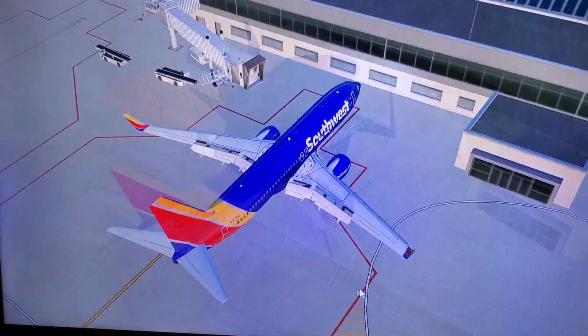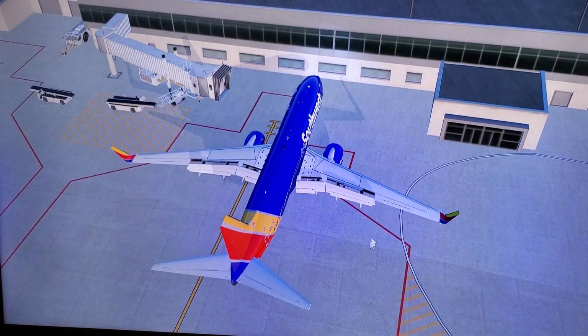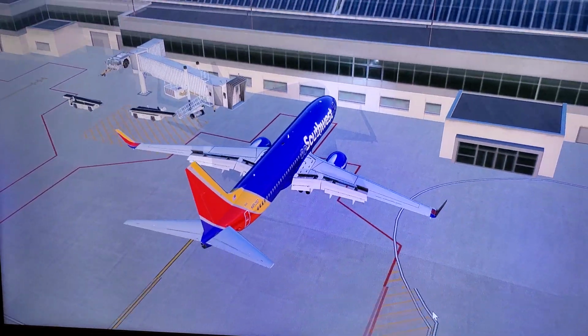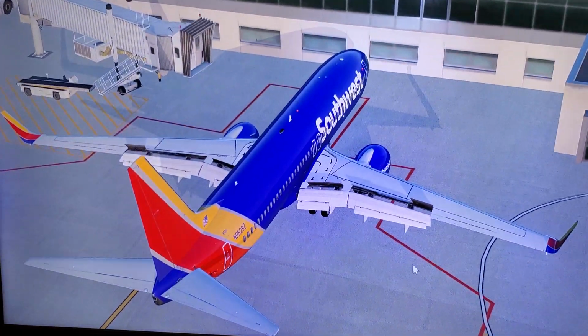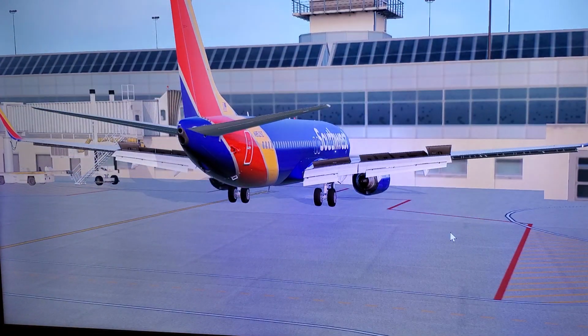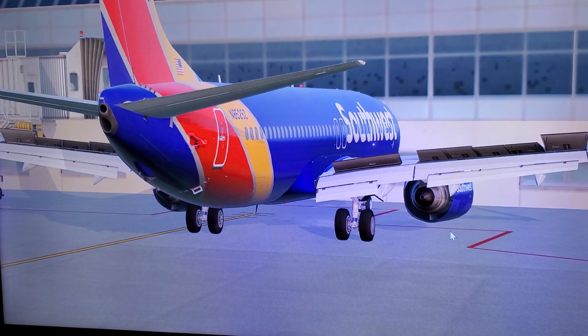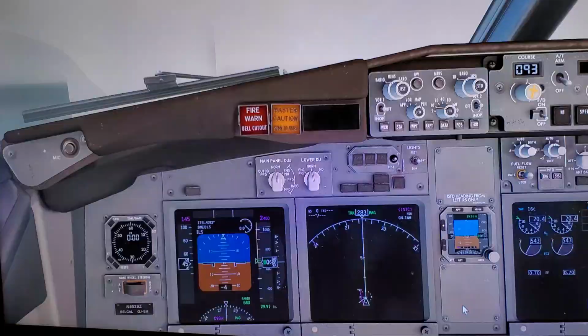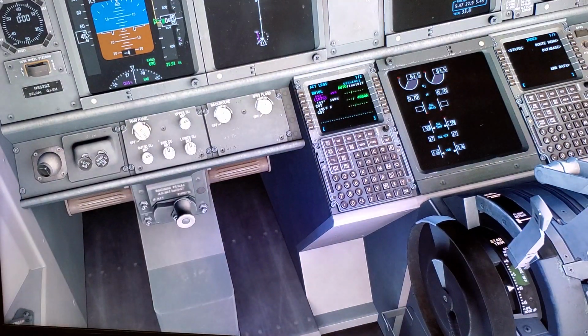Yeah, very perfect parking. Almost. I'm going to put the flap up. I'm going to put back the spoiler.